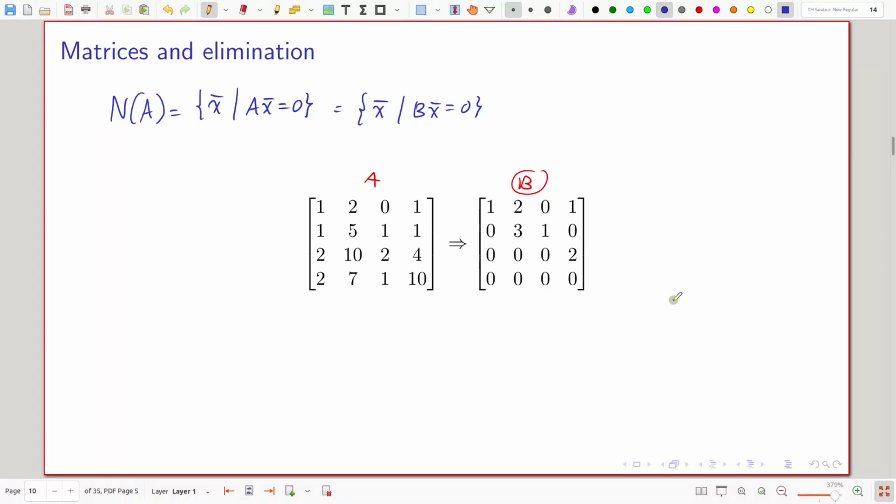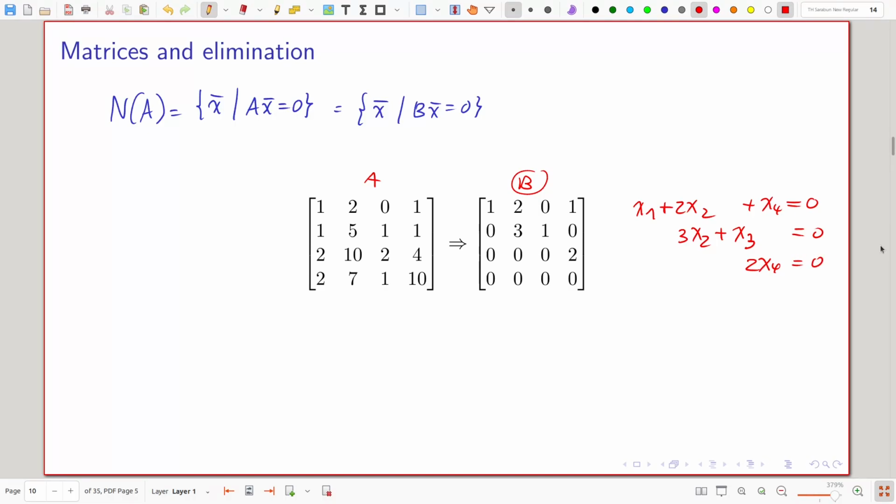So what is the null space of B? Let me rewrite the equation for a bit. So it's x1 plus 2x2 plus x4 equals 0. 3x2 plus x3 equals 0, and finally 2x4 equals 0.